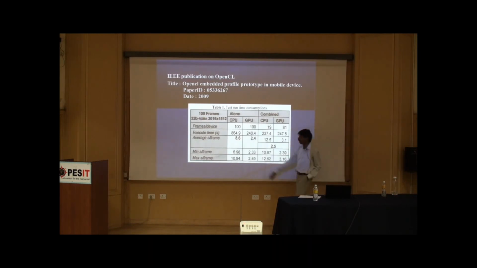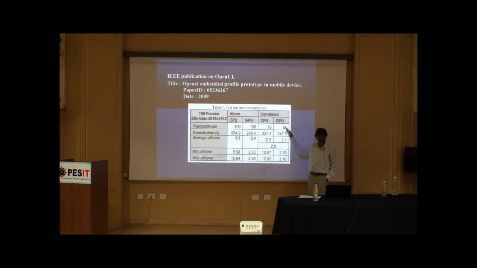There is a min and max, but we forget about that for now. If you are doing the same 100 frames on the GPU, it takes just 240 seconds, so the entire thing is completed in 2.4 seconds per frame.